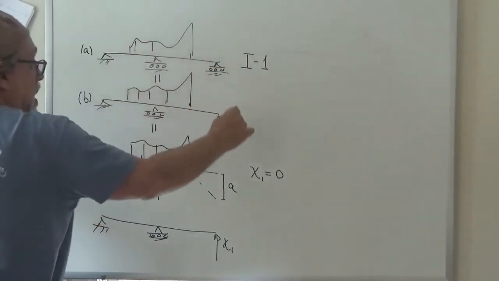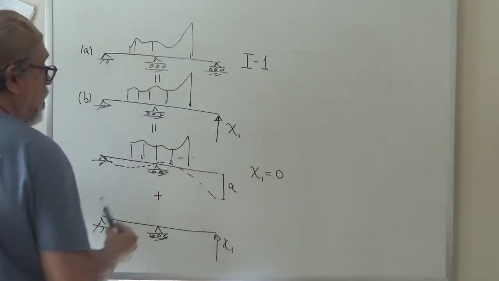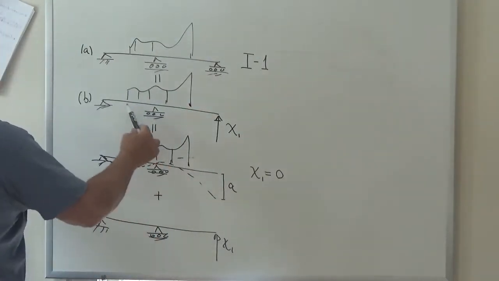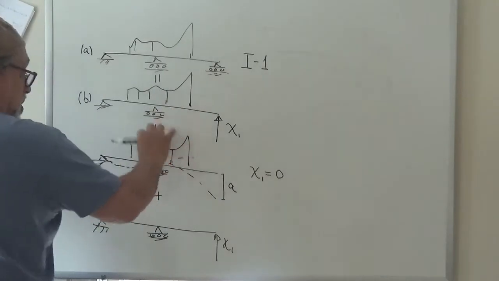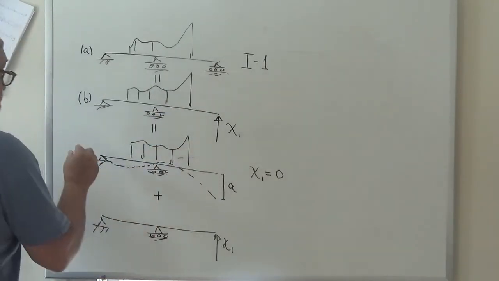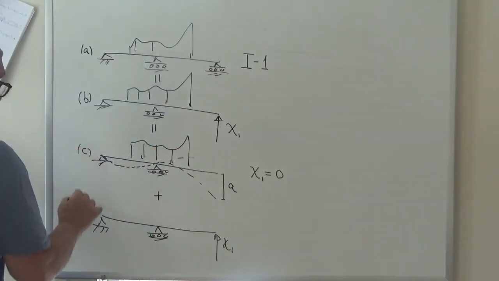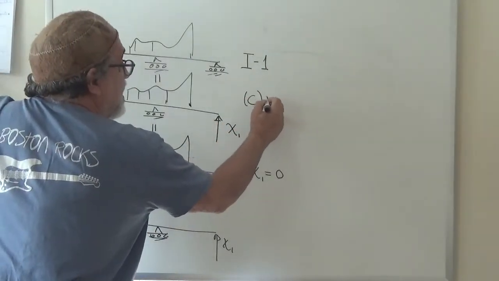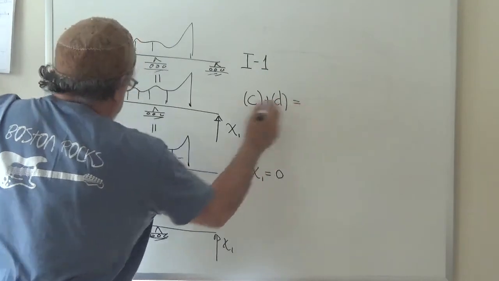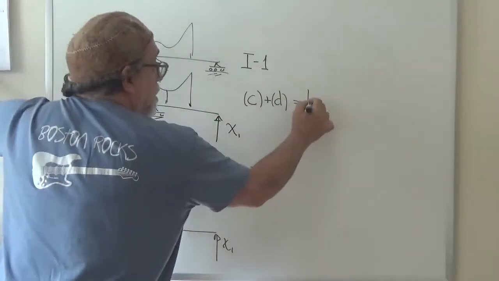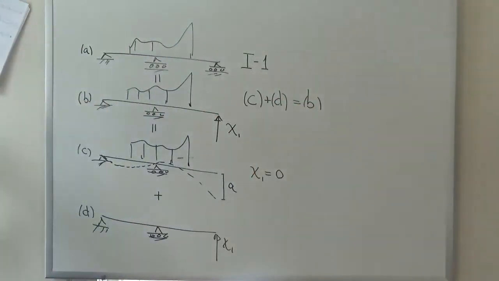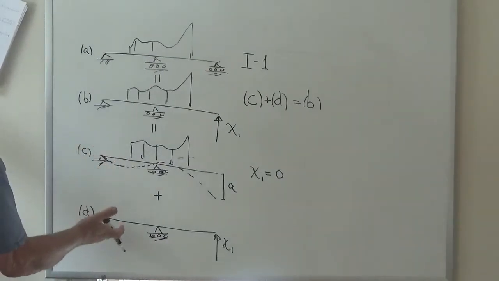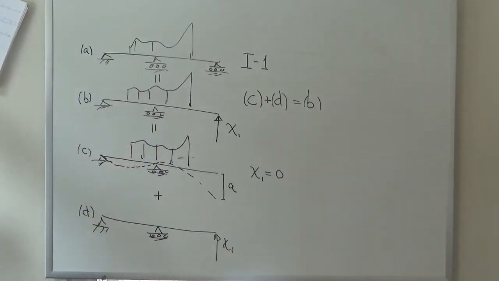This is the same thing, except that this reaction has been called x1. And this is the same as these last two sketches, in other words, A, B, C, and D. So C plus D are equal to the sketch B, which is the original one.